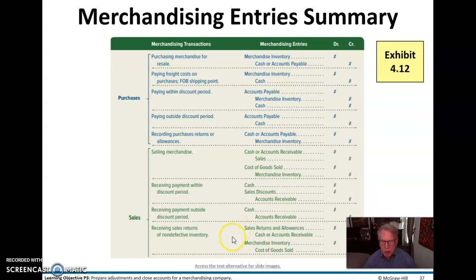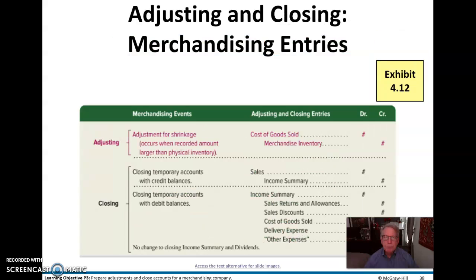And if we have sales returns of defective merchandise, we're going to do two pieces of that. We're always going to remember we not only have to reduce the sale, but we have to reduce the cost as well. I think you all see that. And then we have an adjusting entry here for shrinkage.